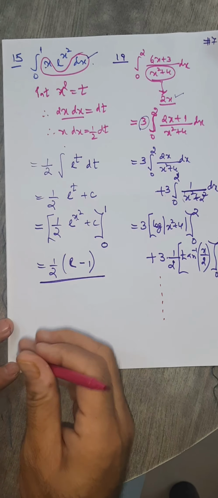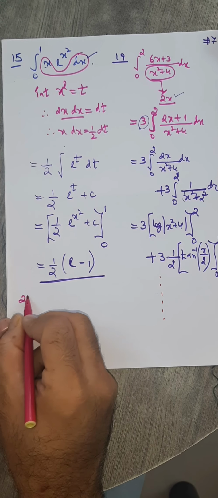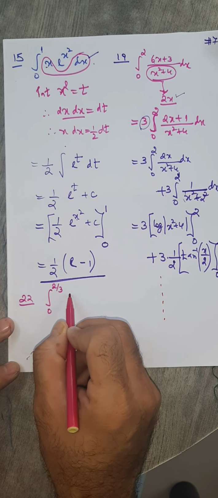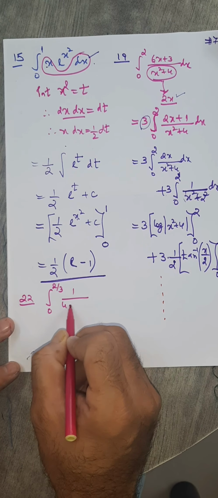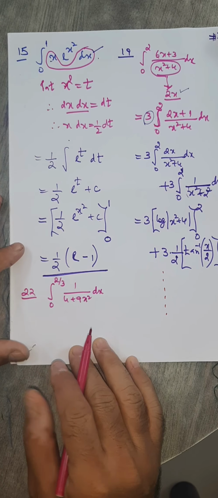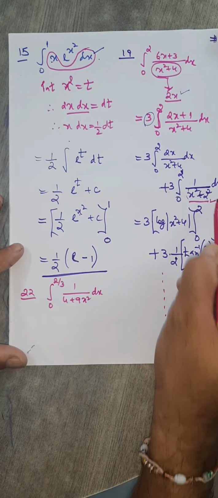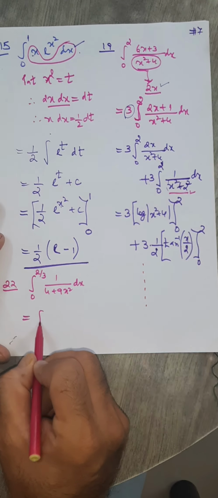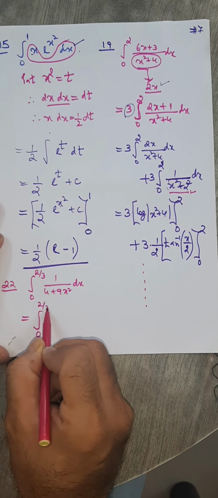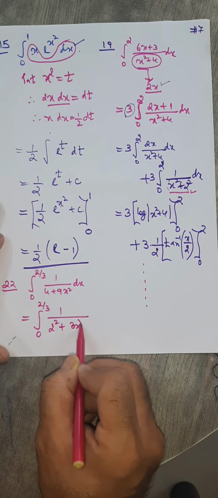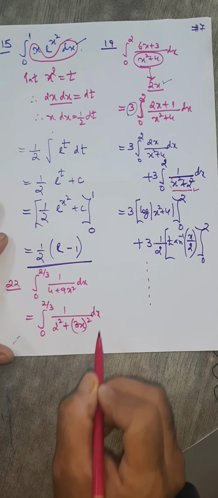Last MCQ 22, let me do it for you. Integral 0 to 2 by 3 of 1 upon (4 plus 9x squared) dx. So it is again this formula, x squared plus a squared. I'll rewrite it like this: 0 to 2 by 3, 1 upon 2 squared plus (3x) whole squared dx.